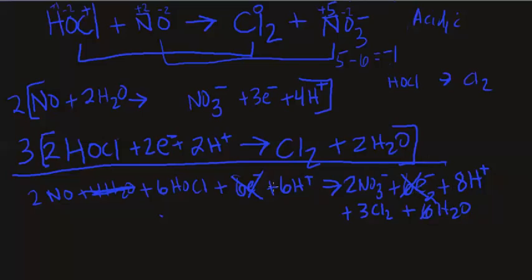We have 6 hydrogens on this side and 8 on this side, so these are going to be canceled out, and we're going to be left with 2 hydrogens on this side. And I think I've canceled everything out, so we're going to rewrite this as a nice pretty equation as much as we can.